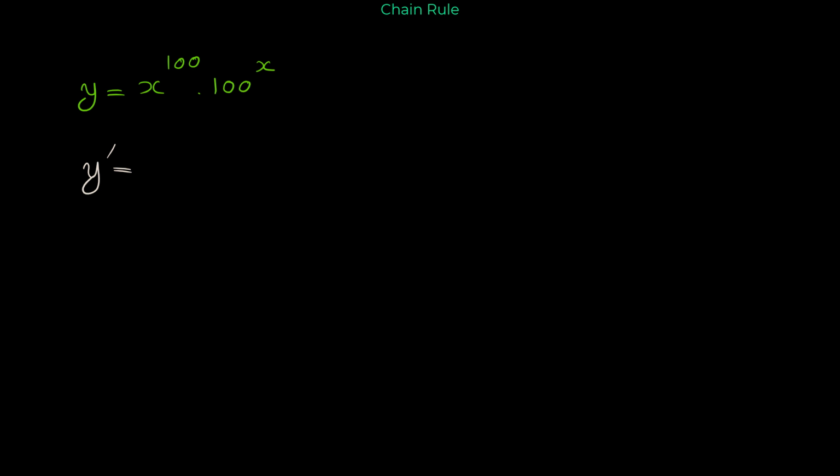Let me remind you briefly the product rule. When we have f times g, and we want to find its derivative, we take derivative of the first function multiplied by the second function plus the first function multiplied by the derivative of the second function. The first function is x to the 100.